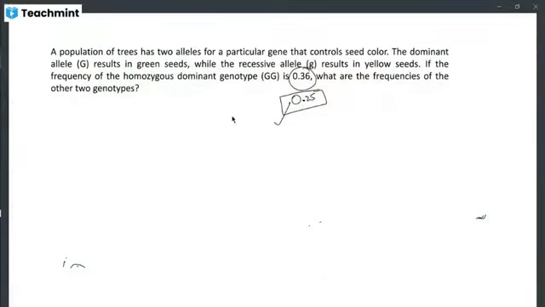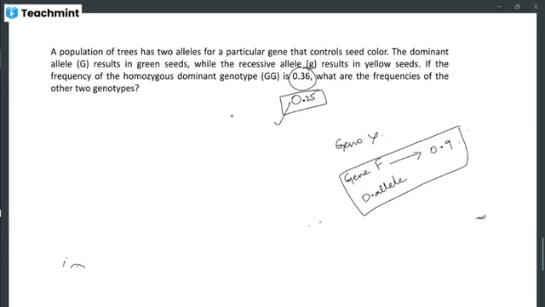So let us consider the same example, and now there is no genotype frequency given, but the only thing that we got is gene frequency. If the gene frequency of the dominant allele is 0.9, okay, so what would be the genotypic frequencies then?